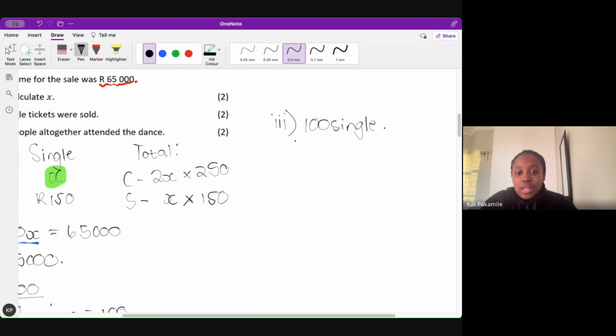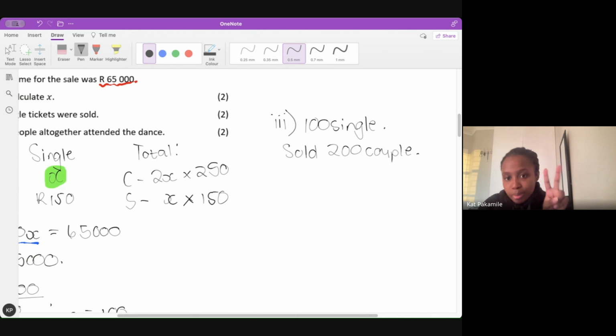And I know that I sold 200 couple tickets. Are we with me? So if I sold 200 couple tickets, how many people attended? 1 couple ticket has 2 people. Okay?